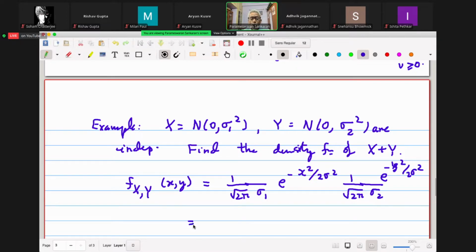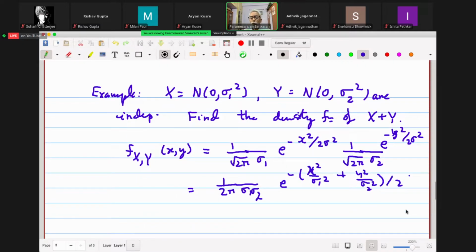So that's equal to 1 by 2 pi sigma 1 sigma 2 and then e power minus of x square by sigma 1 square plus y square by sigma 2 square, divided by 2. This divided by 2 is in the exponent.